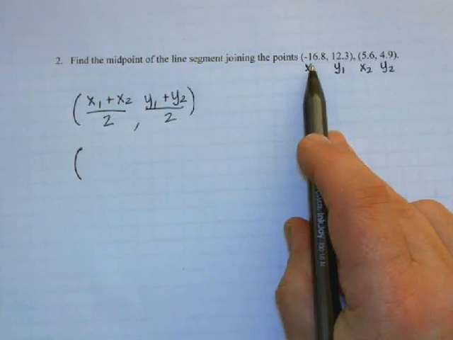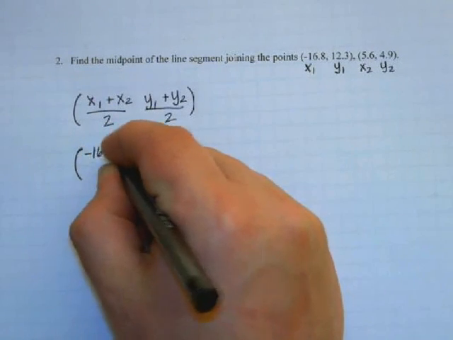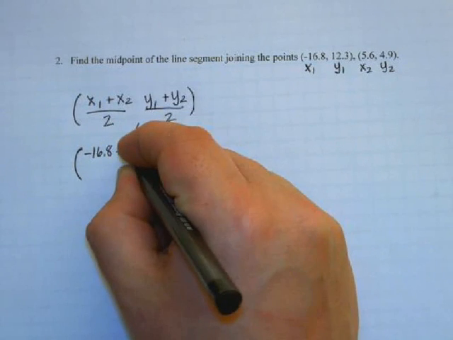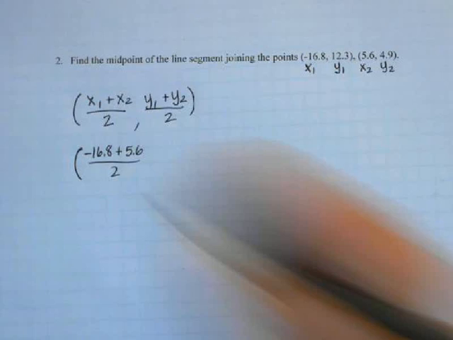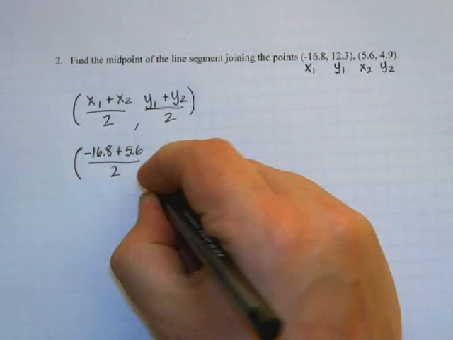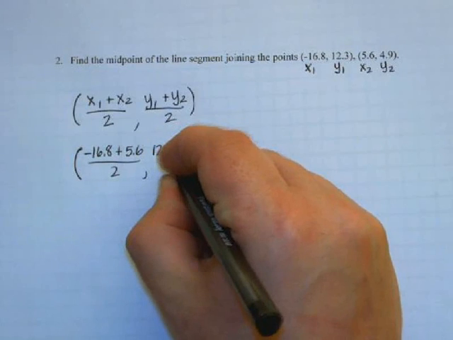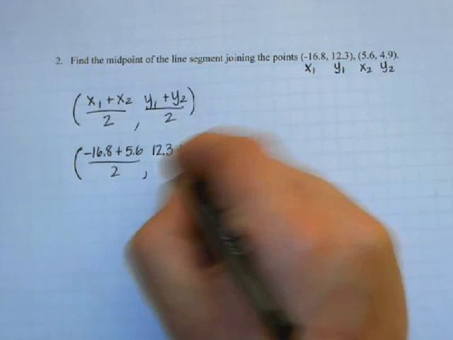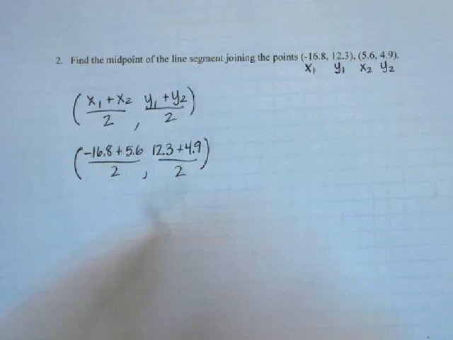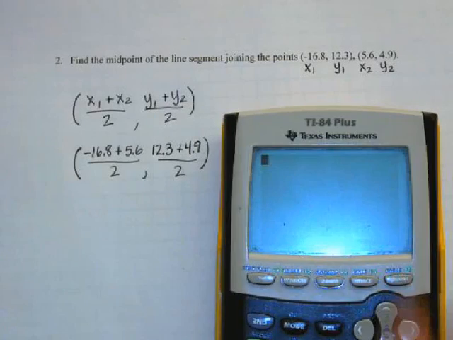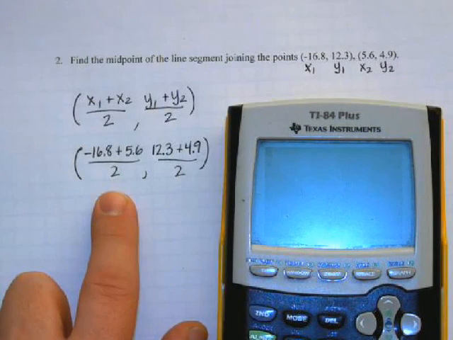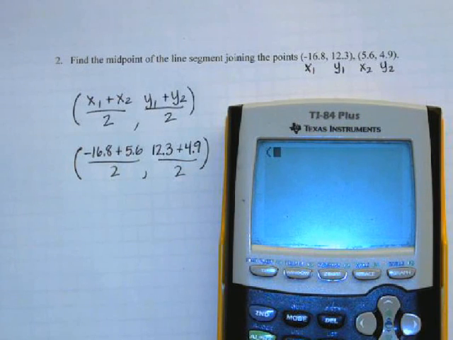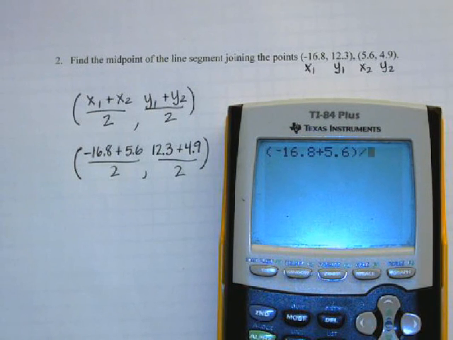So I get negative 16.8 plus 5.6 divided by 2. And then for the y-coordinate, 12.3 plus 4.9 divided by 2. Now, you need to be careful when entering these into the calculator. If I want to enter that in one line, I should put the top part in parentheses, divided by 2.